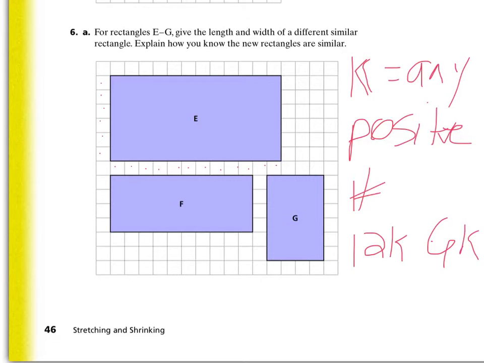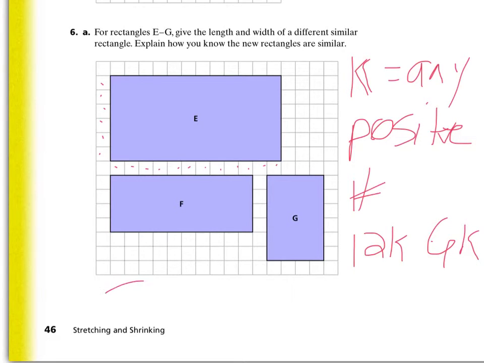Okay? And so then that way, it doesn't matter what the units are. So K just represents any positive number, and it's going to be the same because the ratio of the corresponding sides will be the same.